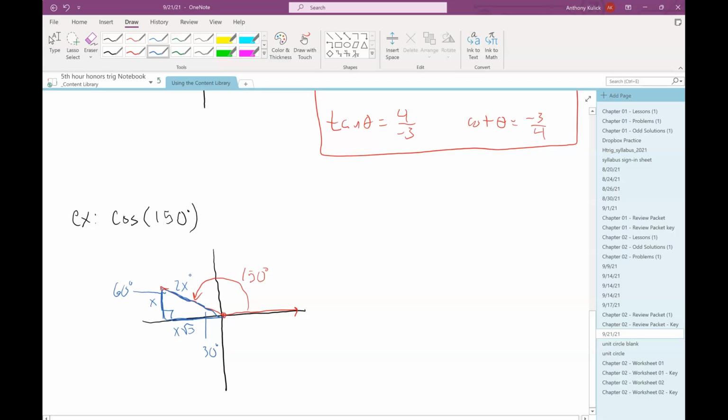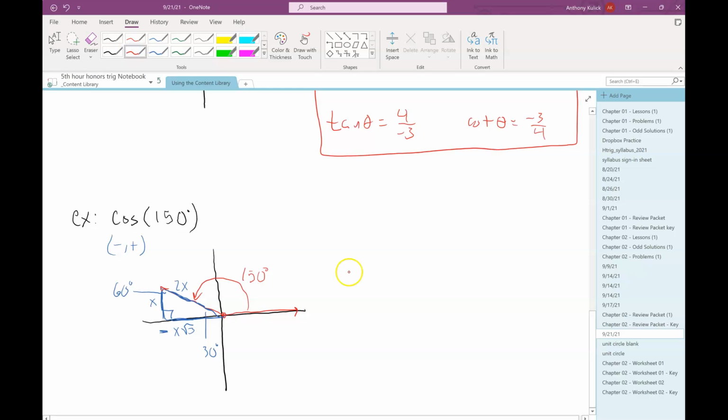And because we're located in the second quadrant, I know that for points in the second quadrant the x-coordinates are negative. So I know the adjacent side that represents the x-coordinate here needs to be negative. That's an important detail that we have to make sure we're aware of.